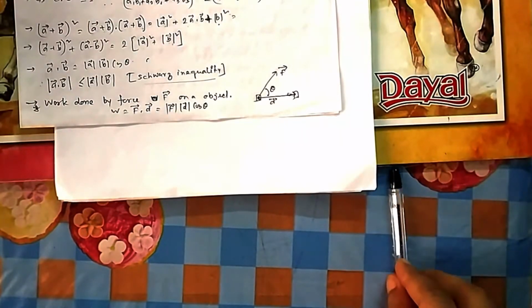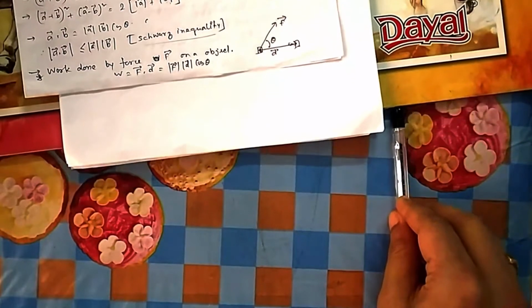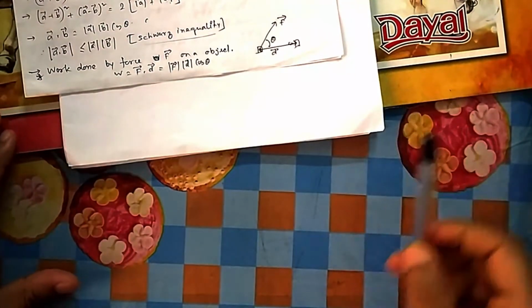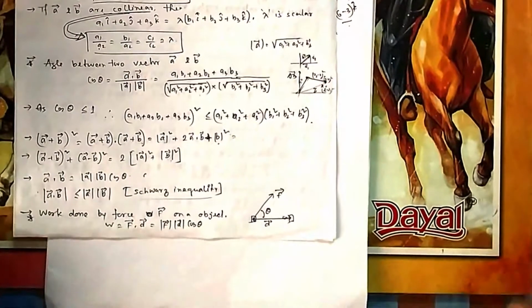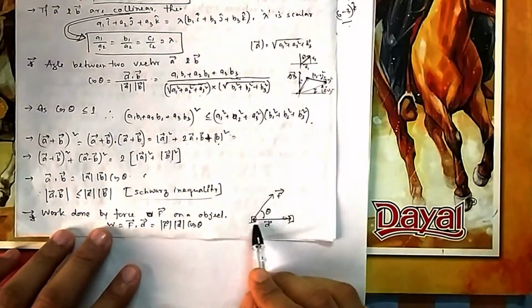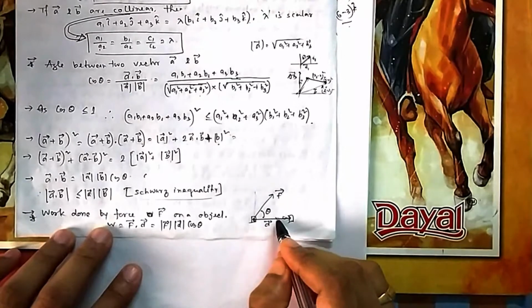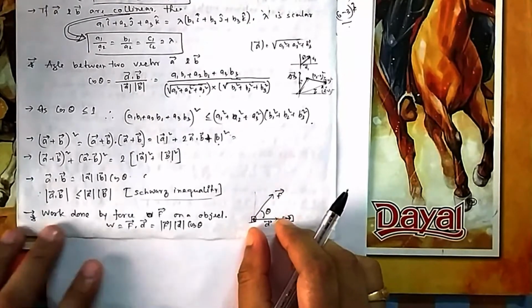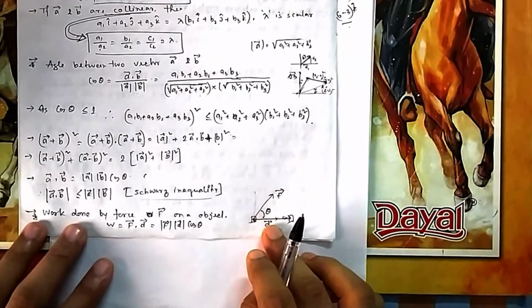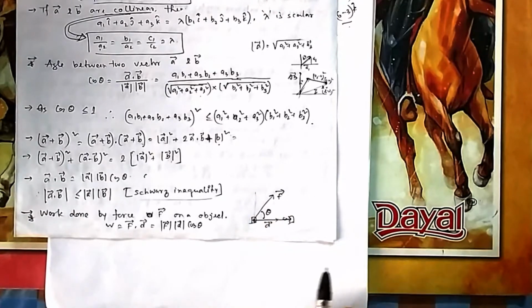But if I apply this force here with a small force, it will move, because the entire force is pushing it. So the component of force that is pushing it is F cos theta, because F has two components, one cos theta, one sin theta, this portion or the shadow of F on this direction. So it is actually F cos theta into D, which gives you the F dot D dot product.